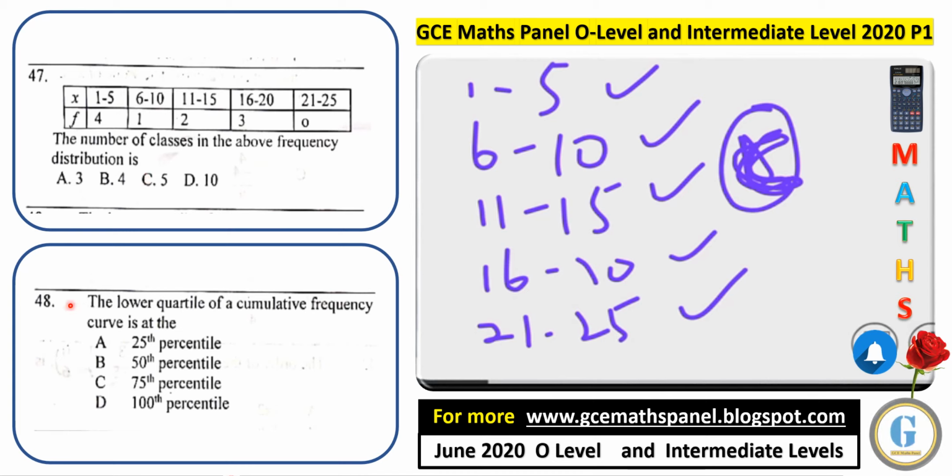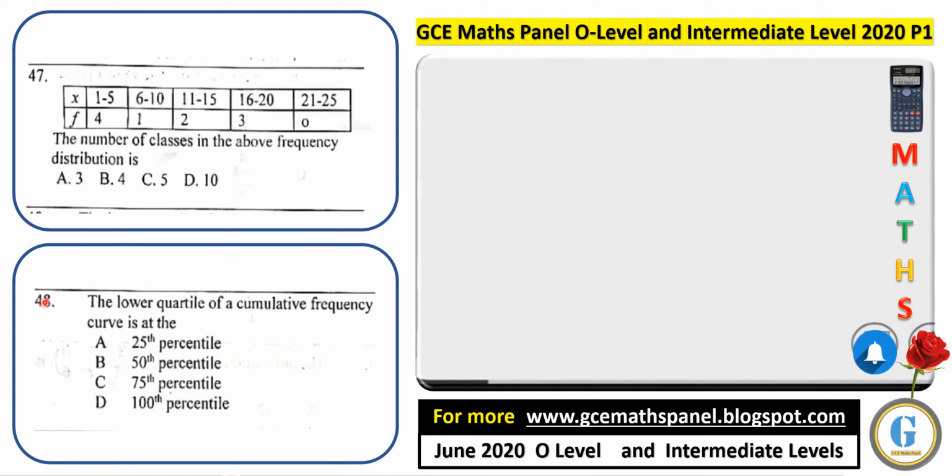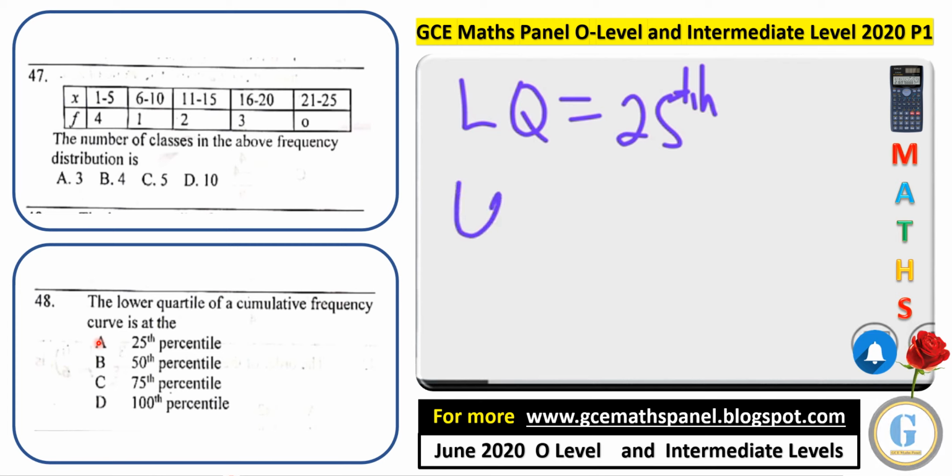All right, 48. Question 48. The lower quartile of a cumulative frequency curve is at? Know that the lower quartile occurs at the 25th percentile, while the upper quartile occurs at the 75th percentile.